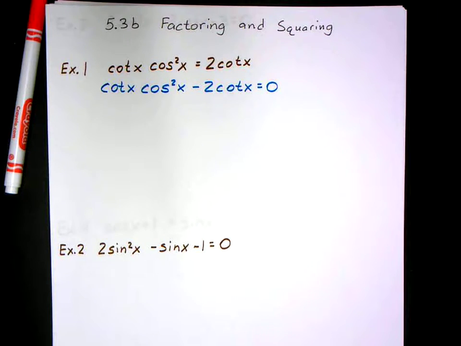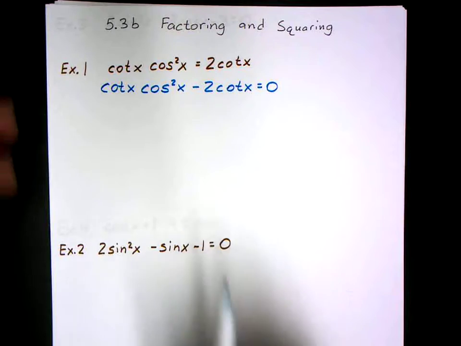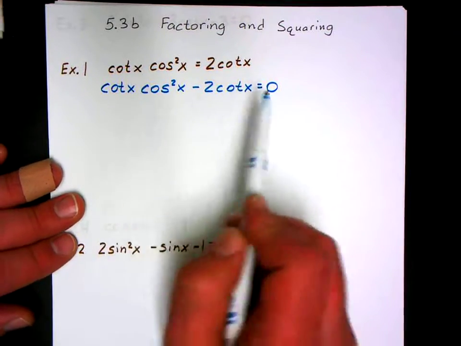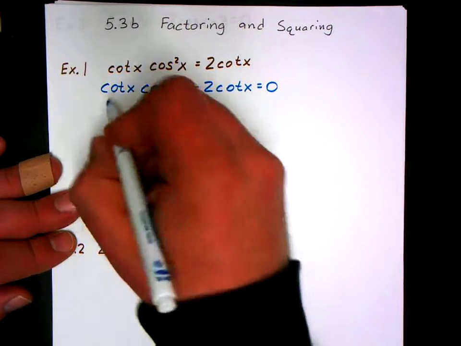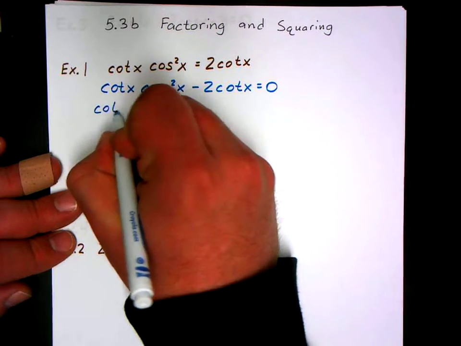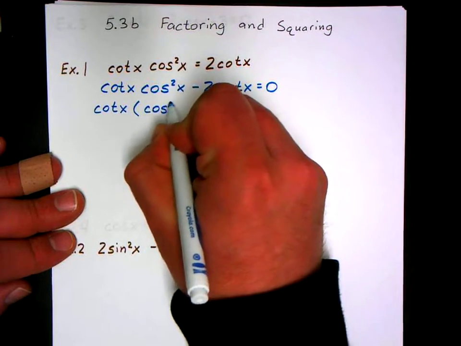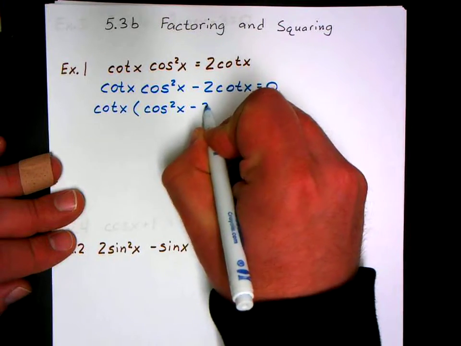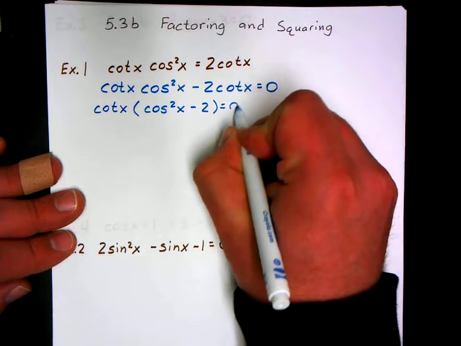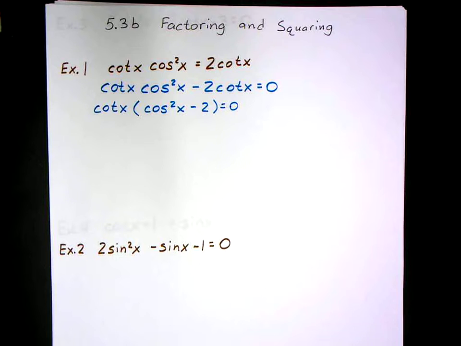Okay, the easiest way to take care of this is notice that there's a cotangent in both of these. So the easiest way is just to factor that out. Because whenever we have factors, what can I do to each of those factors now?